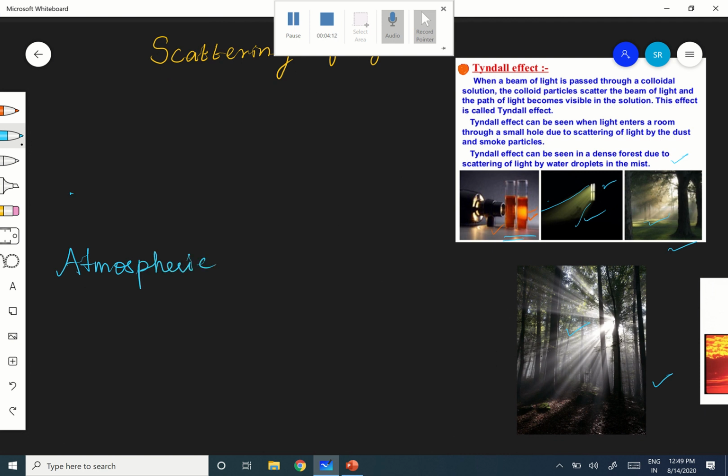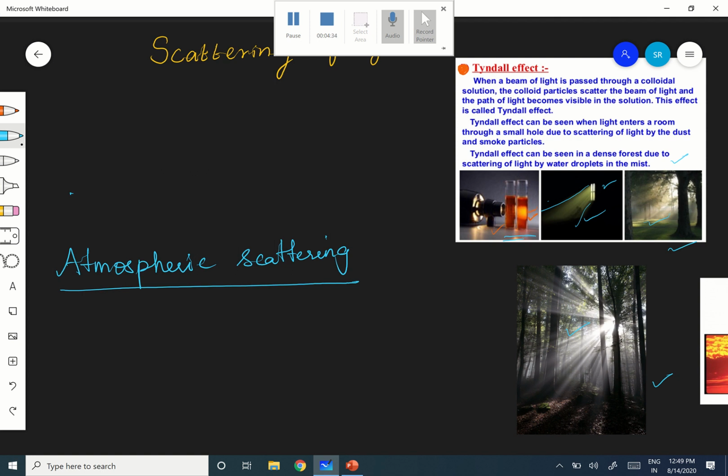Actually, the light from the sun has to travel a large part of the atmosphere to reach us.